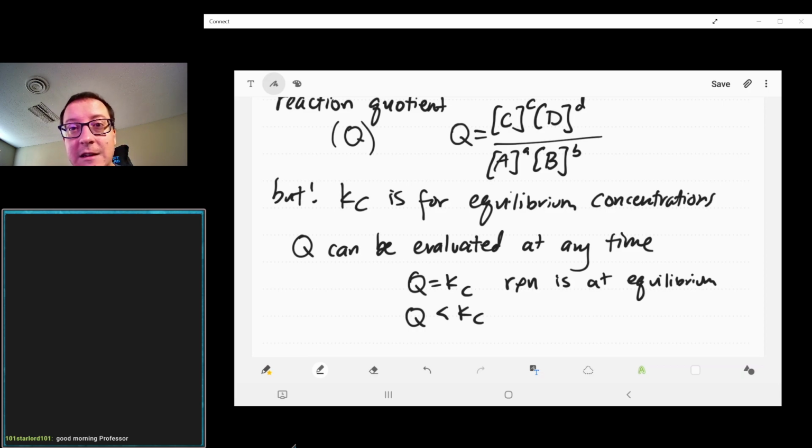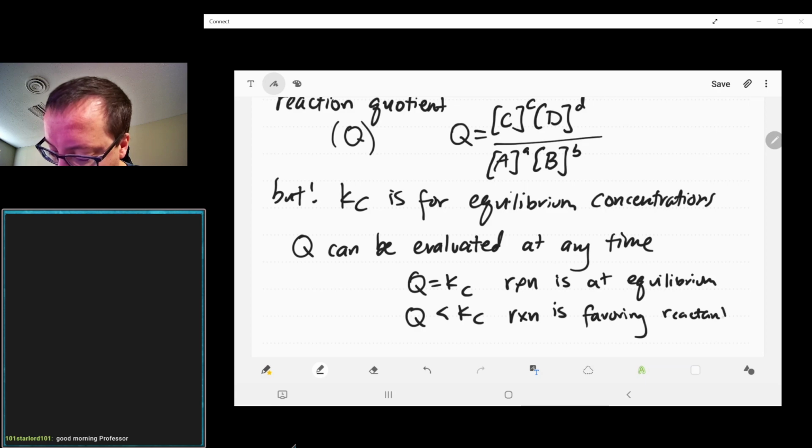In that case, we're going to see that the reaction is going to be favoring the reactants. So if Q is too small, we have too many products or too few reactants compared to what they should be at equilibrium. And so at the time of Q being smaller than Kc, our reaction is going to be producing more reactants. Sorry, it's just confusing, and all the words are all the same.